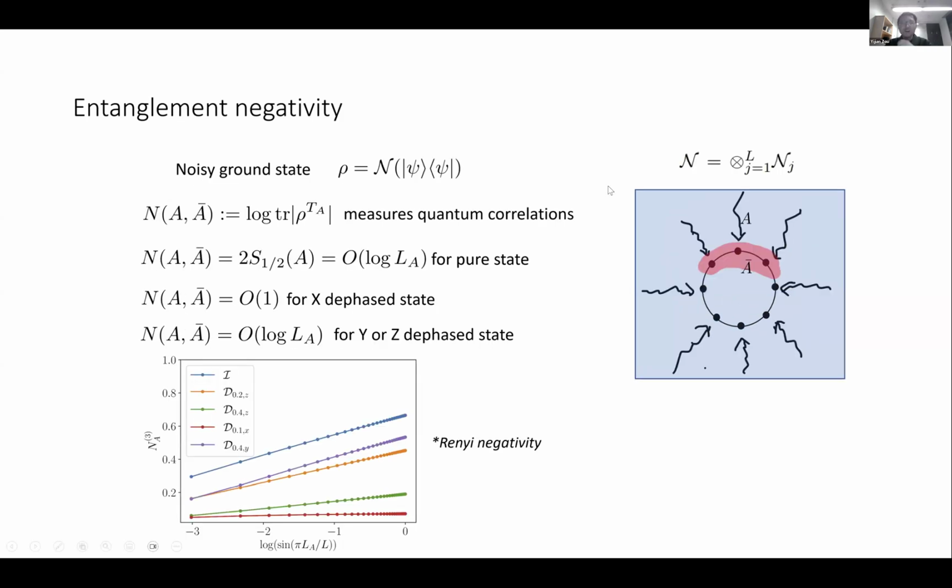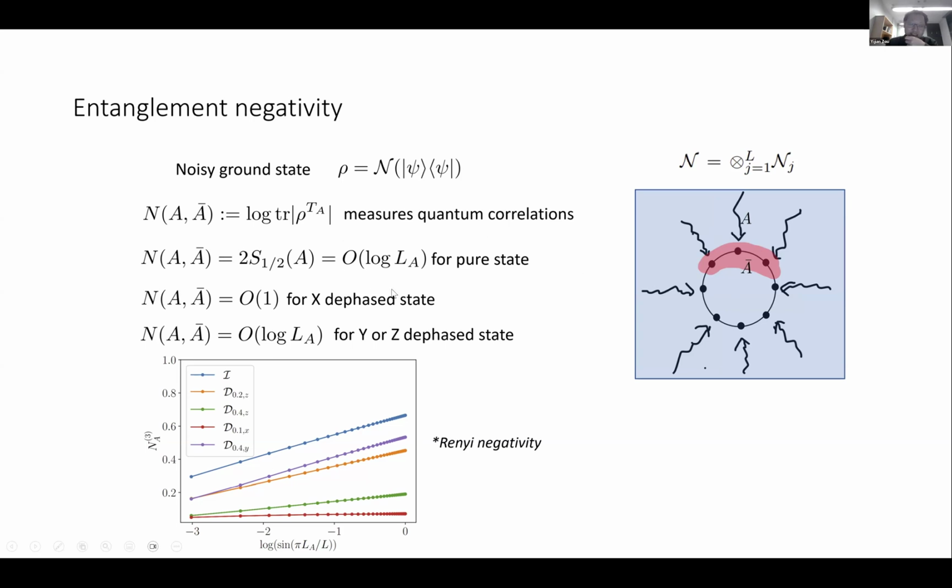But if you have noise inserted, that is, your system is interacting with some environment by some local decoherence, then the amount of entanglement can actually change by applying noise to the ground state. For example, you can measure the amount of quantum correlations after decoherence by this logarithmic connectivity.